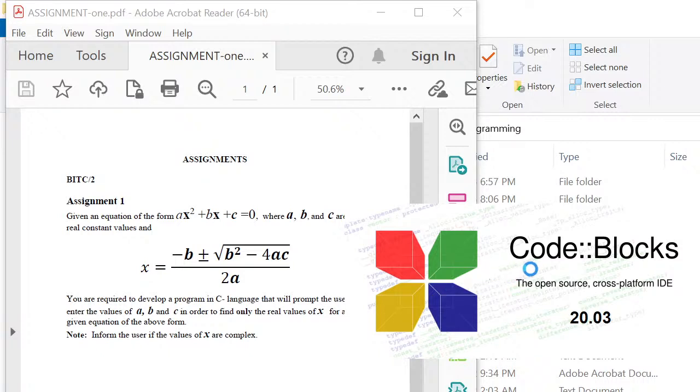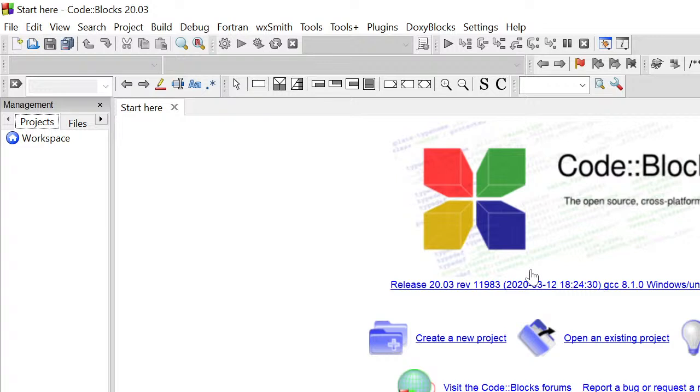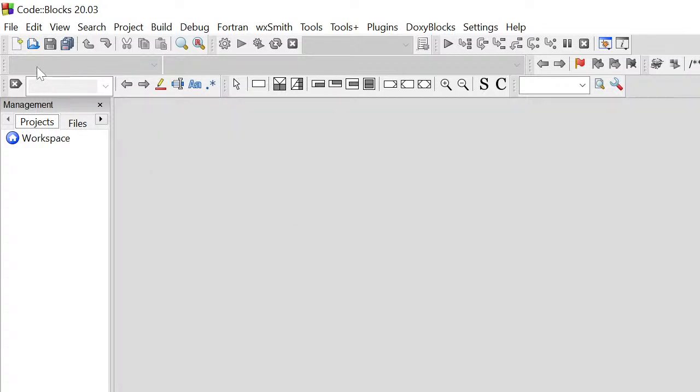Sometimes it is slow. Okay. We are able to launch Code::Blocks.